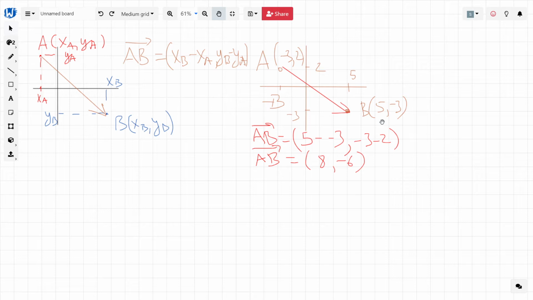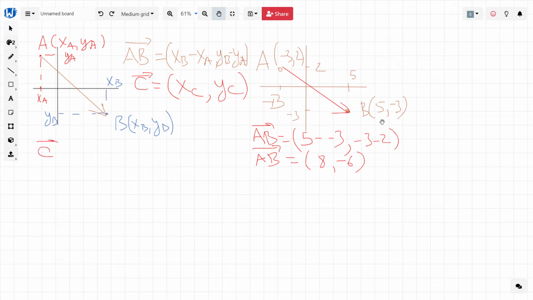Now, let's look at the coordinates of the vector. So if you take our vector AB, again, let's change its name. Let's call it vector small c, and the coordinates of vector c are xc, yc. And if you're saying c is AB, it means that the coordinates of c and AB have to coincide.